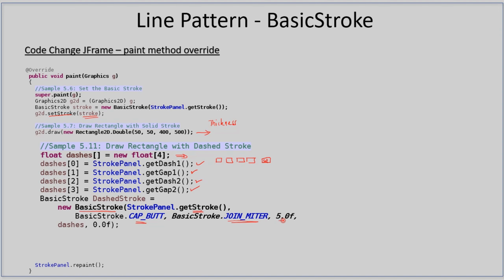Then we have passed 5.0. We will explore this when we add the code. After that, we defined our stroke pattern. Finally, we pass 0. We will explore these two members when we add the code.